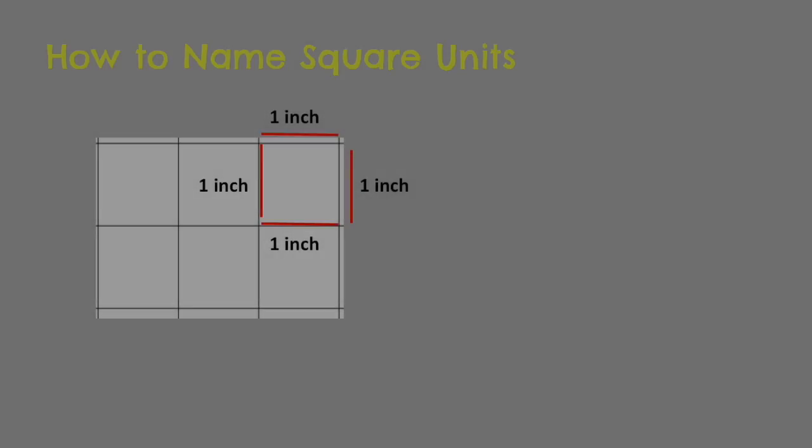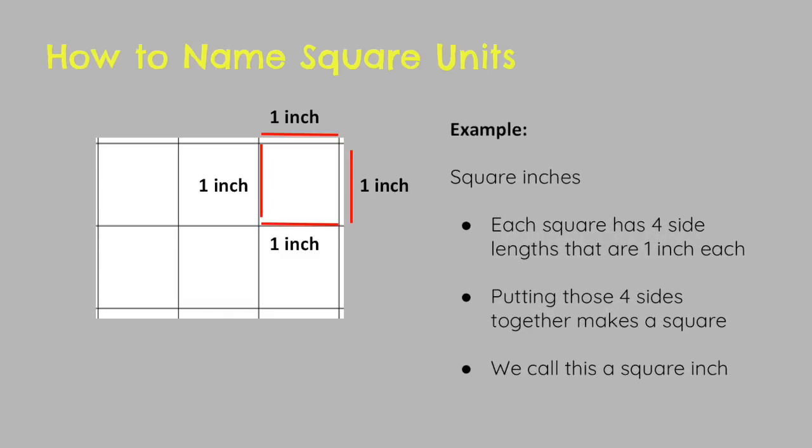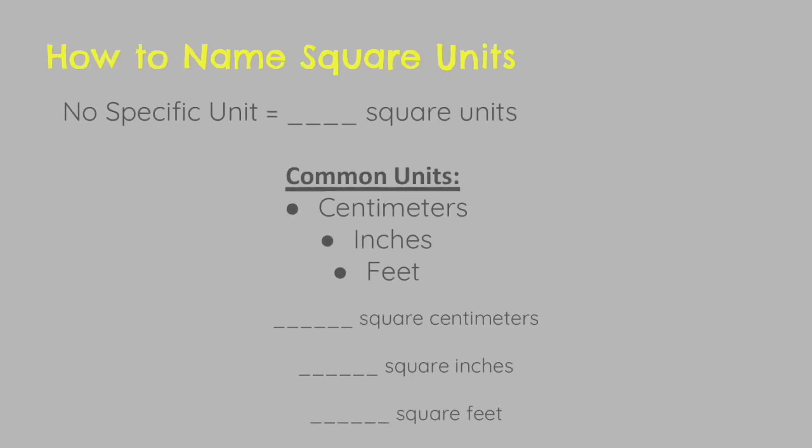Now that we can find area by counting square units, let's give some new names to these units. When no specific unit measure is given for your figure, we use the term square unit. However, you may notice that a figure is measured using common units, such as centimeters, inches, or even feet. In a figure such as this, each side of the unit used to measure the inside would be a length of 1 with a label of whatever label is given.